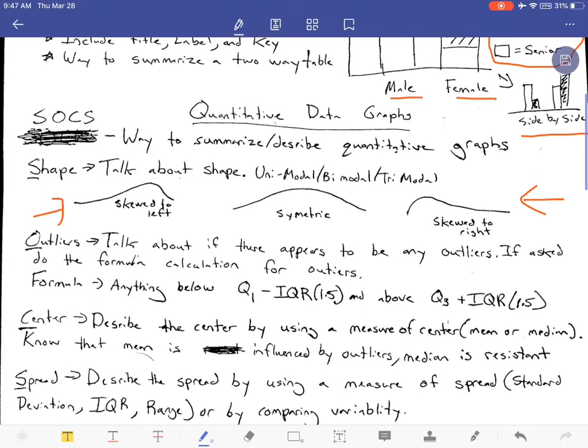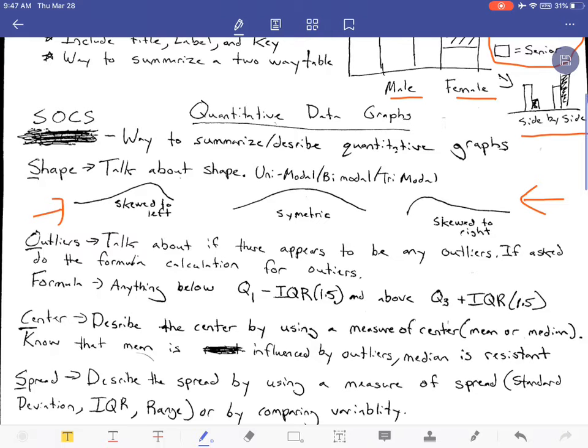Anything above that value is going to be an outlier. So that's the actual calculation that we do to figure out outliers. But if it doesn't ask you to actually calculate those out specifically, in your paragraph response, you can say they're potential outliers.